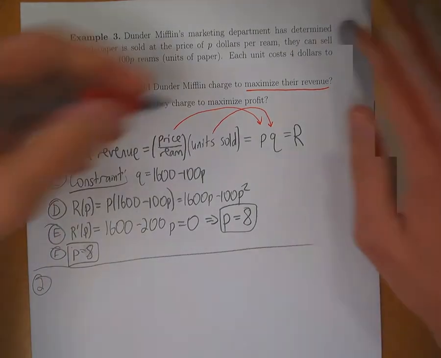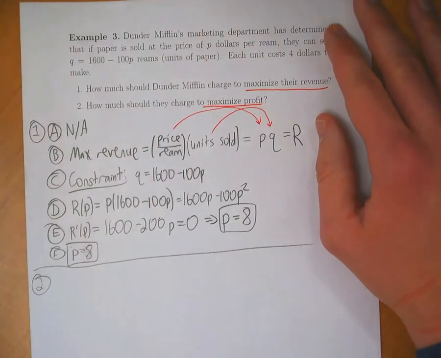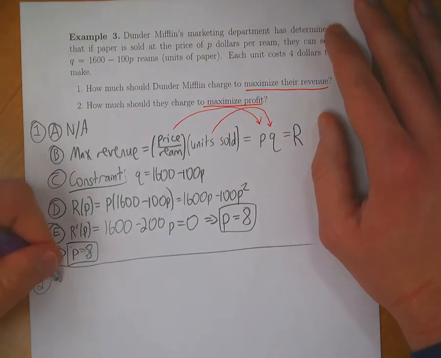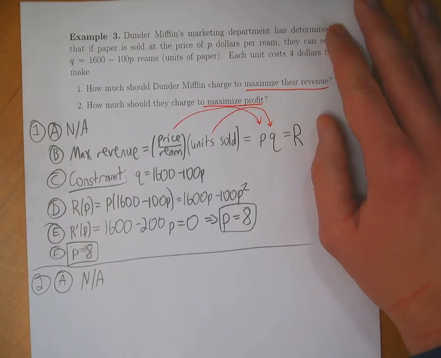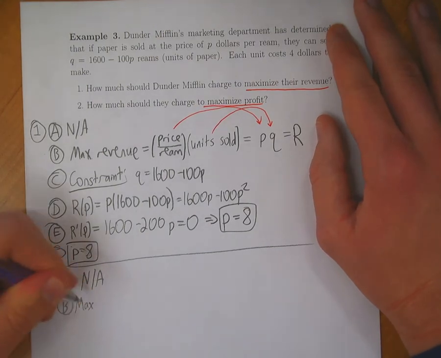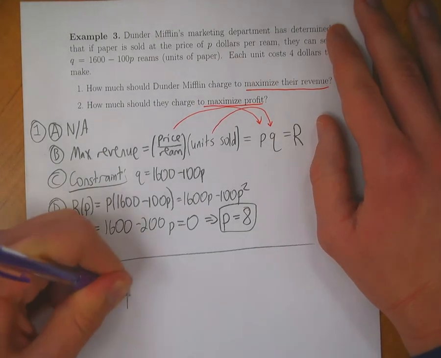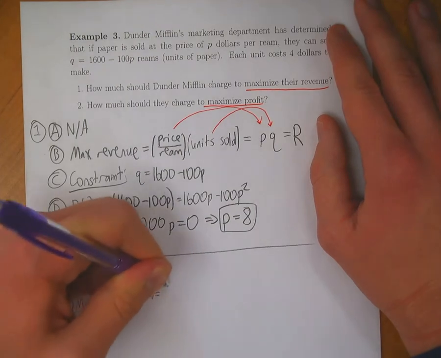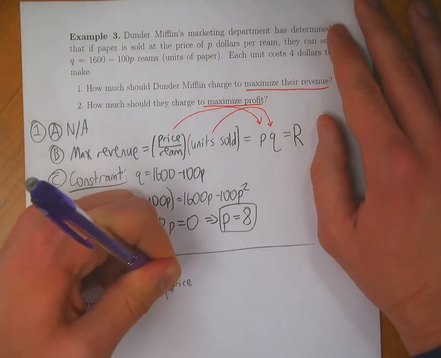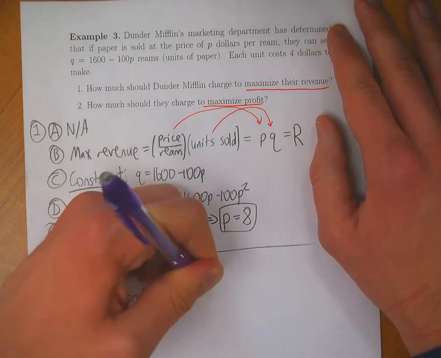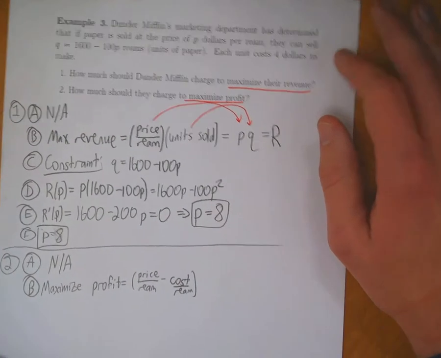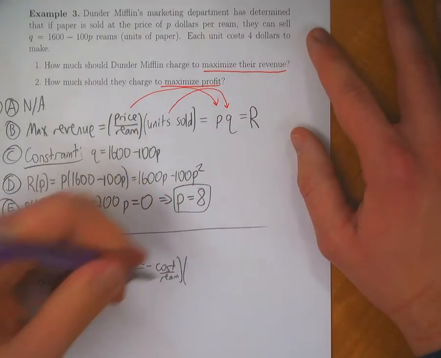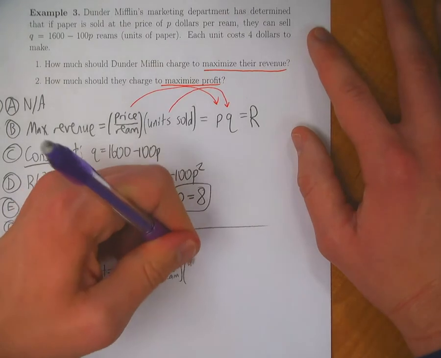Okay? So, with that mentality in mind, let's briefly go through step 2, our part here. Because now we've got to maximize the profit. So, as before, step A, there's no picture, so skip this. Not applicable. So part B says we've got to maximize the profit. Now the profit, meanwhile, is price per ream minus cost per ream, and then times the number of units sold.